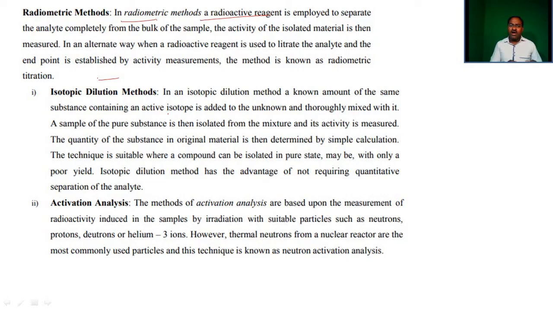Alternatively, when a radioactive reagent is used to titrate the analyte and the endpoint is established by activity measurements, this method is known as radiometric titration. Isotopic dilution and activation analysis methods are also involved in the radioactive methods.